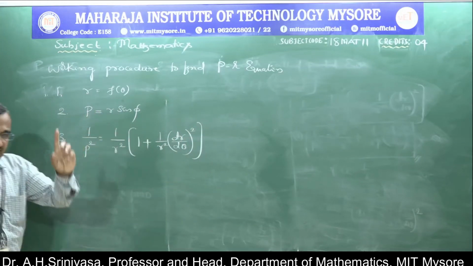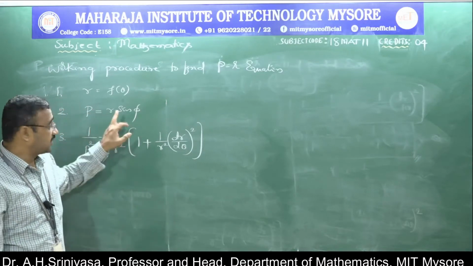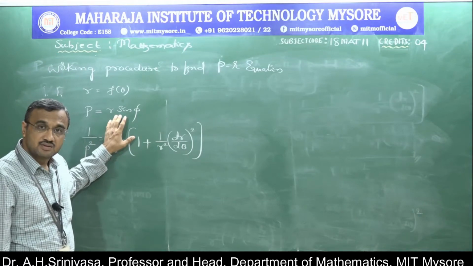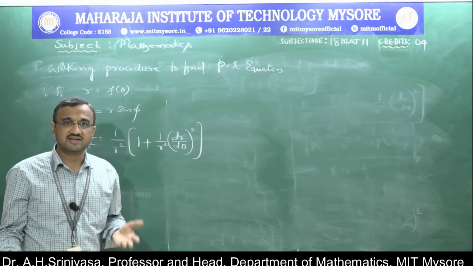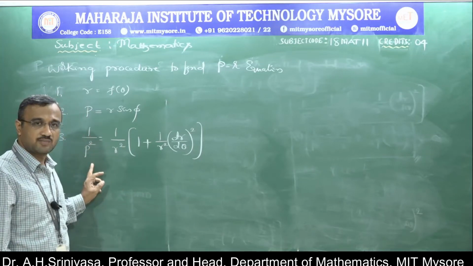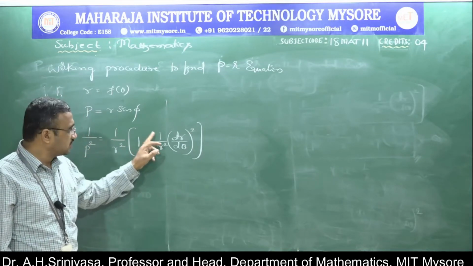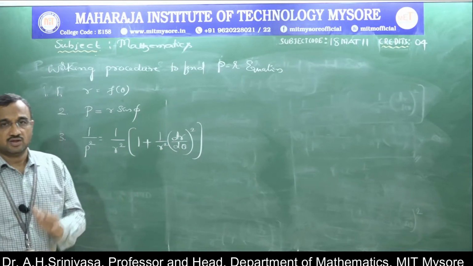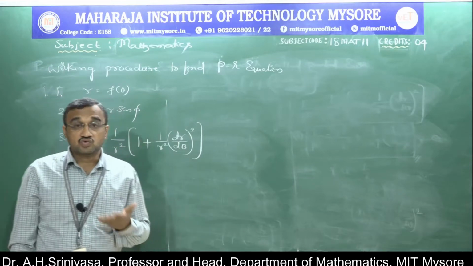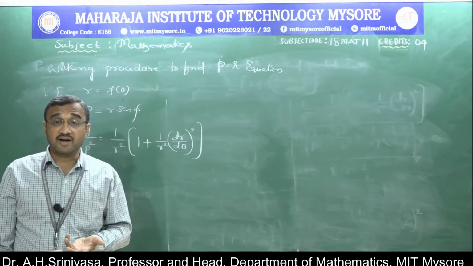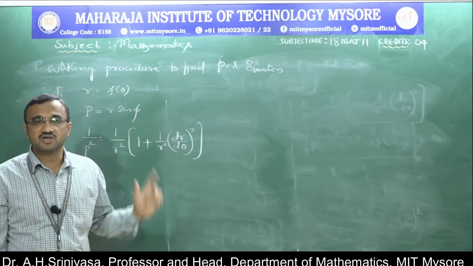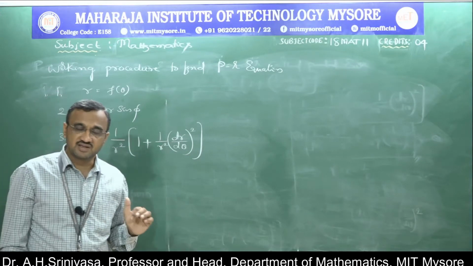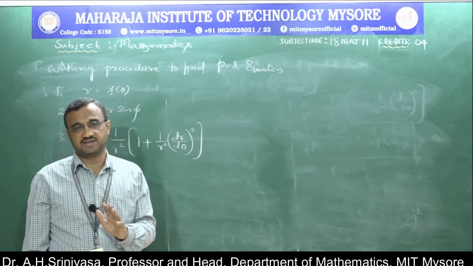This is the main procedure to find the Padal equation, that is the PR equation. The equation should contain only p and r. The main thing is we are going to eliminate the angle theta.